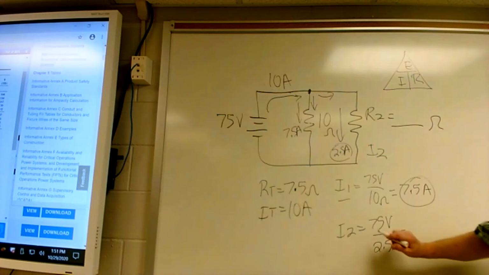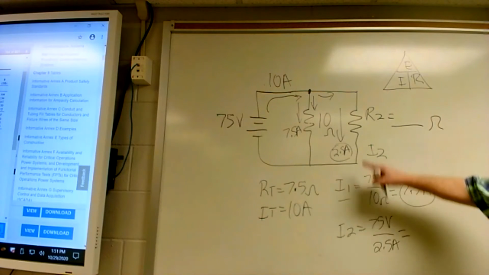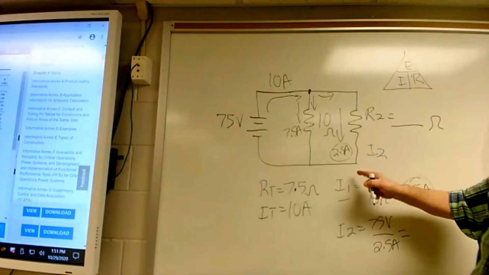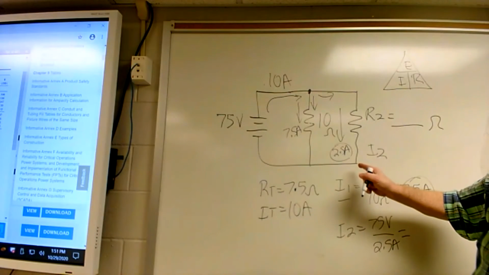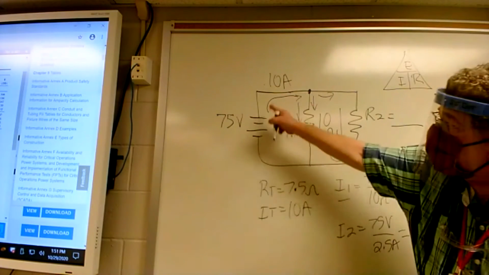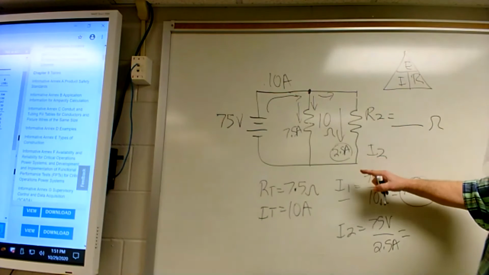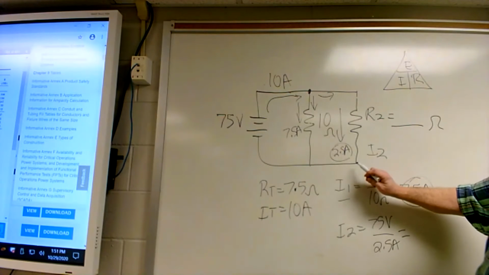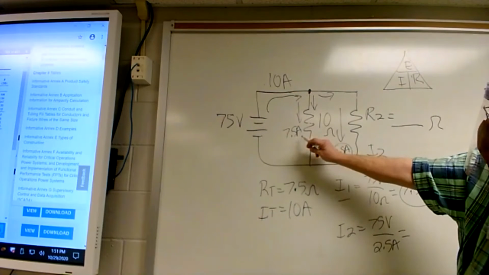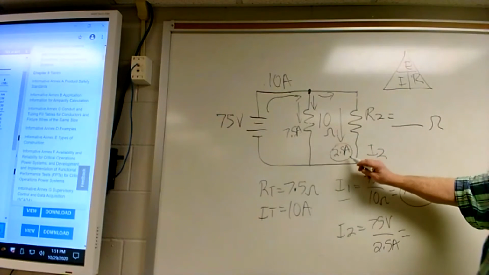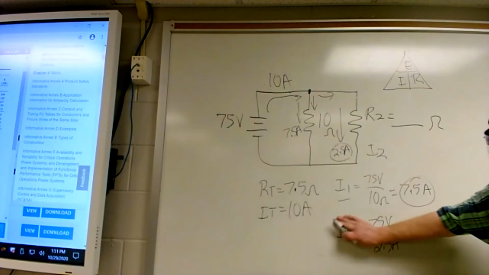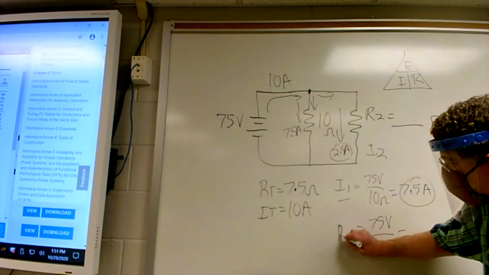Does that seem right to y'all? We know the voltage is going to be 75 volts across both of them because it's what kind of circuit? Parallel. So we know it's 75 volts, and then we deduced that we had 2.5 amps flowing through there because you've got 7.5 here, and what's left over is this. So that current and the main voltage can be used to give you R2, the resistance of R2.